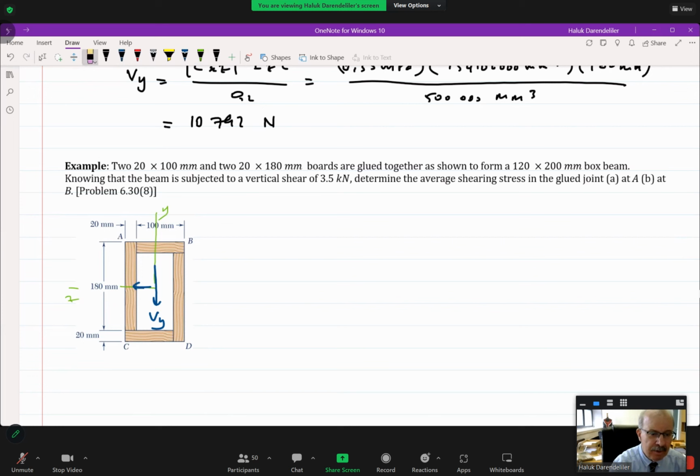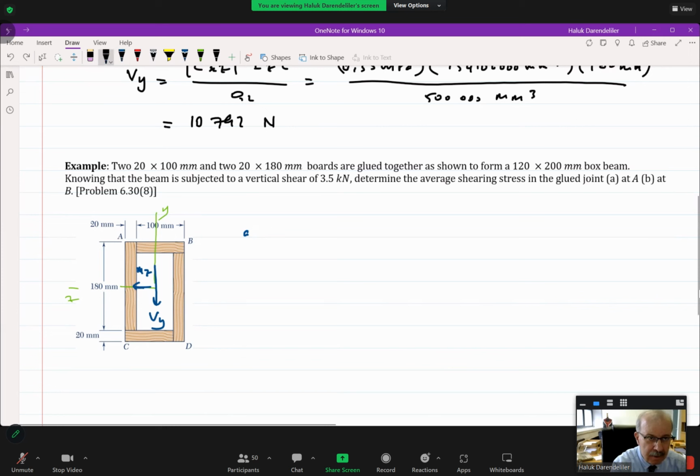The beam is subject to a vertical shear of 3.5 kilonewtons. Vy is equal to 3.5 kilonewtons. We are looking for the average shearing stress in the glued joint at A and at B. Is this clear? Now, let us start with A. The first part of the problem is A.